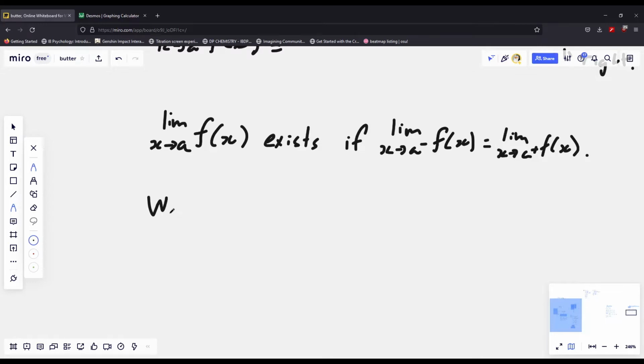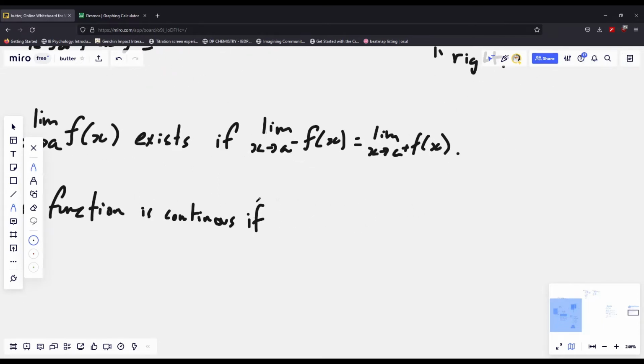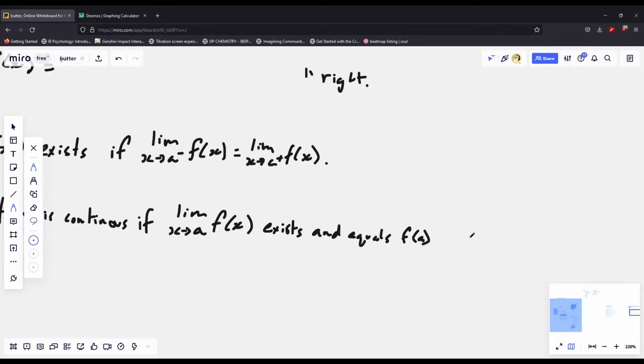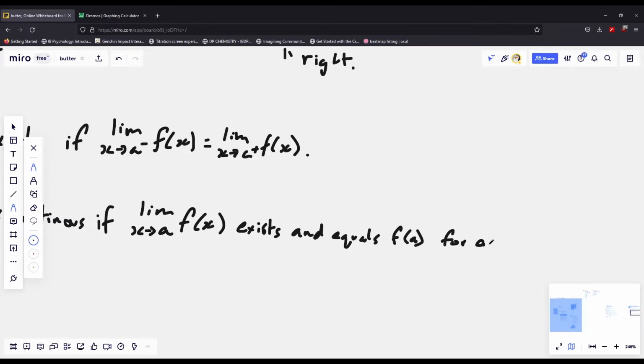We say that a function is continuous if, and this part is important, the limit as x approaches a of the function exists here, and equals f of a, for all a.